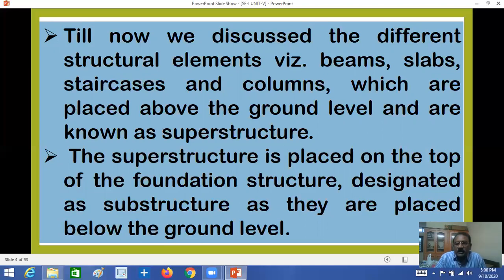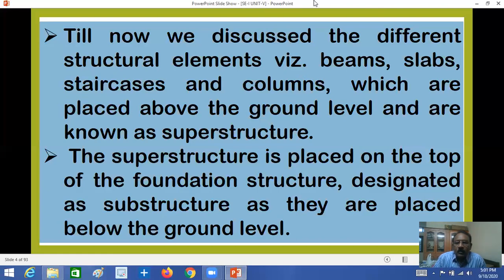As a structural engineer, we should know how the load will transfer from slab to beams. As explained in the previous class, a slab will transfer its dead load, live load, and other loads to the beams, and beams ultimately transfer into columns. I will give you an example.